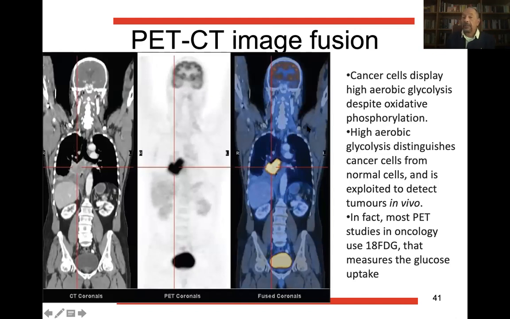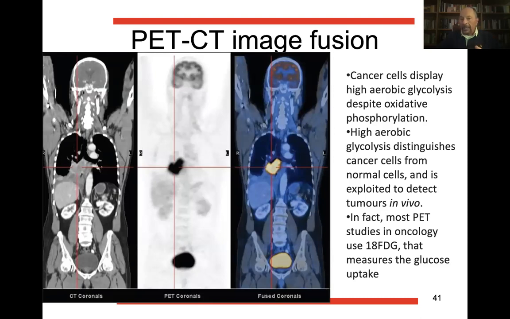You see here, this is an example of PET. As I told you, fluorine-18 combined with deoxyglucose is by far the most used PET radioisotope. This is called 18-FDG. Why?